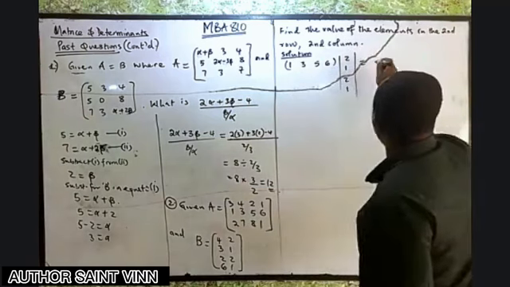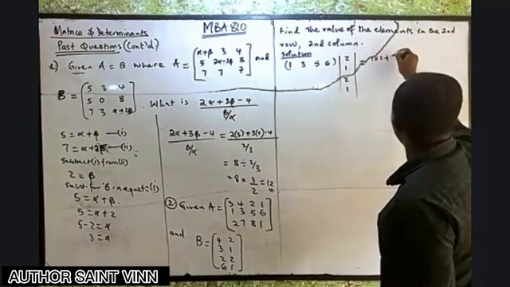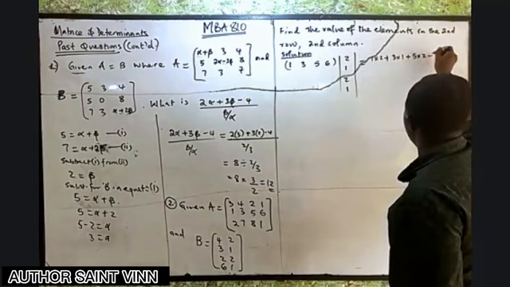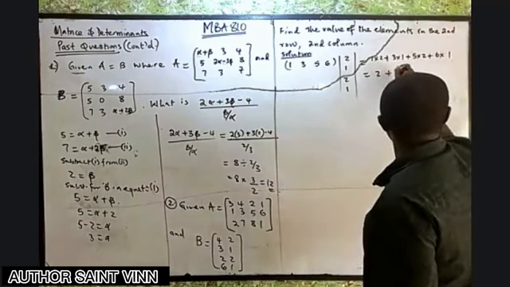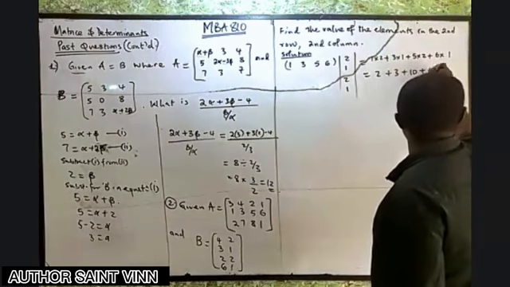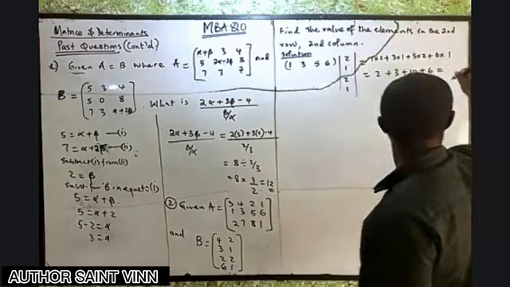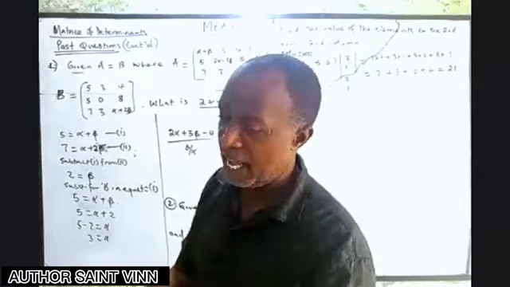That will give us 1 times 2 plus 3 times 1 plus 5 times 2 plus 6 times 1. This 2, this 3, this 10, this 6. Result 21. Are you sure? So that is it, and the answer is there.